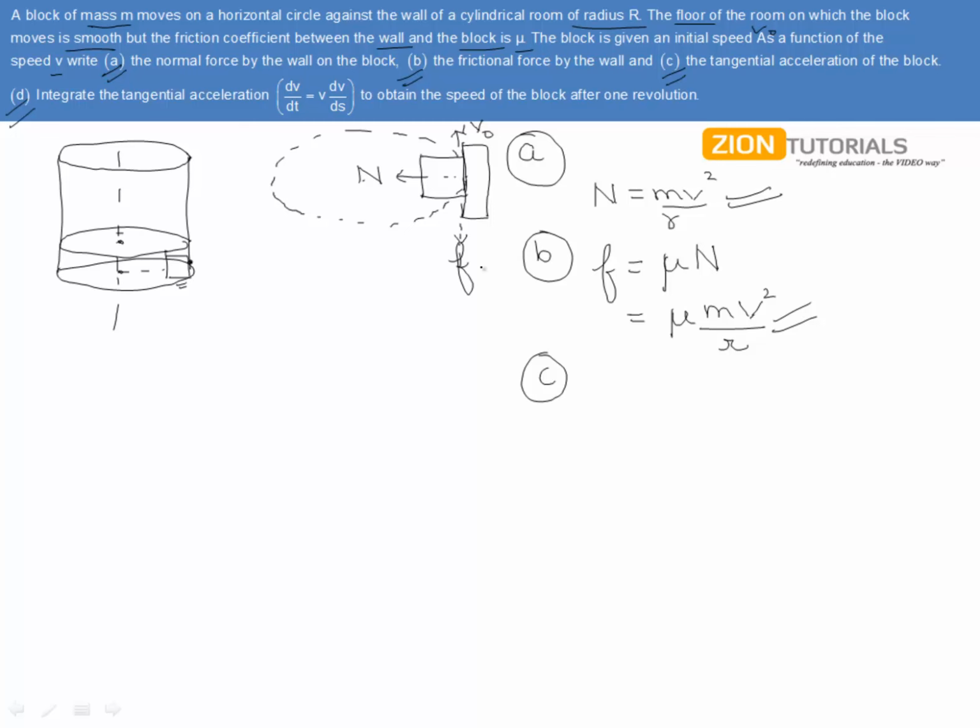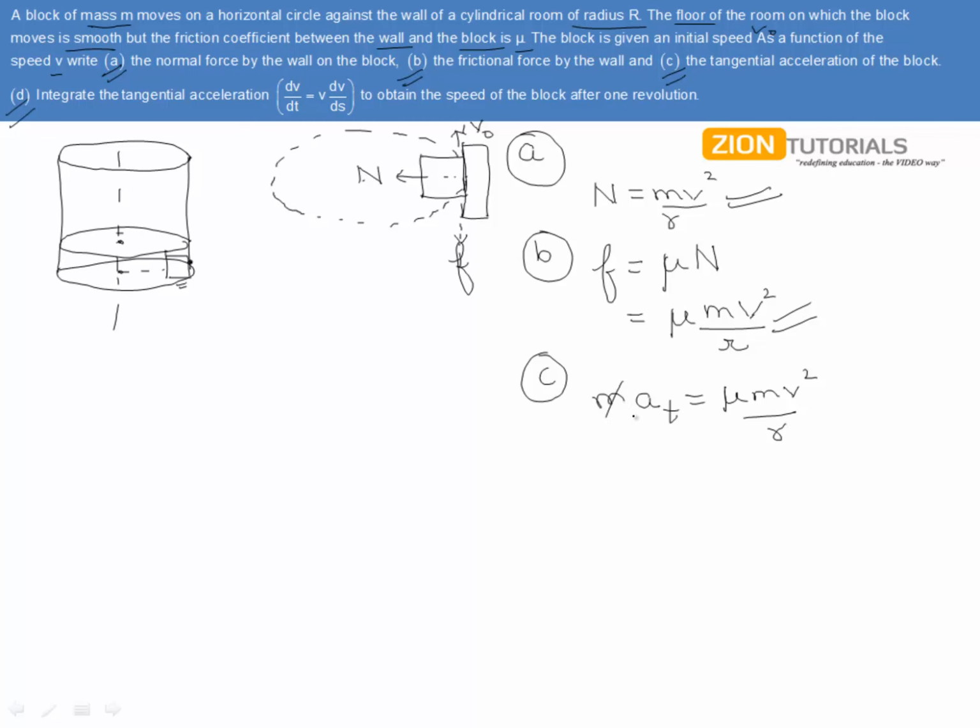So this acceleration will be due to this frictional force, because it is in the tangential direction only. We can say that mass into tangential acceleration equals mu mv square by r, where v is the velocity of the block.